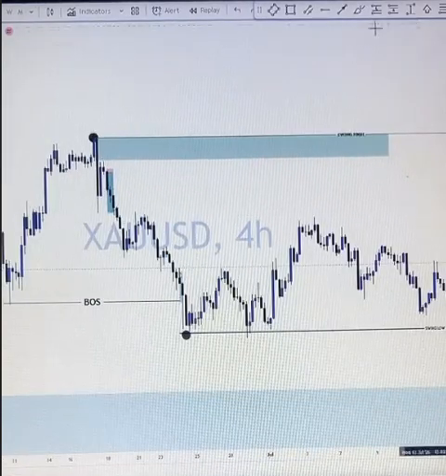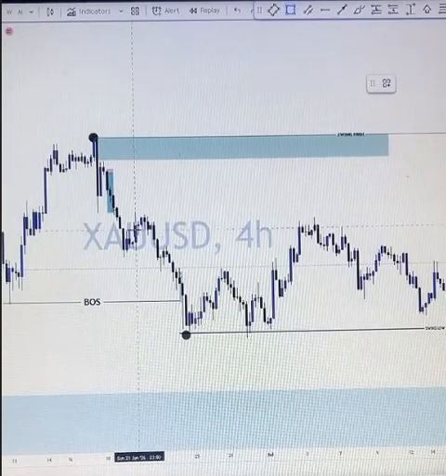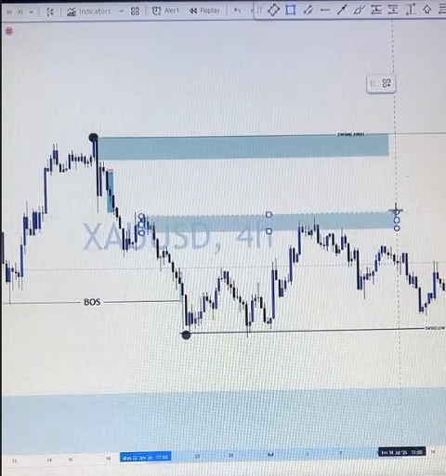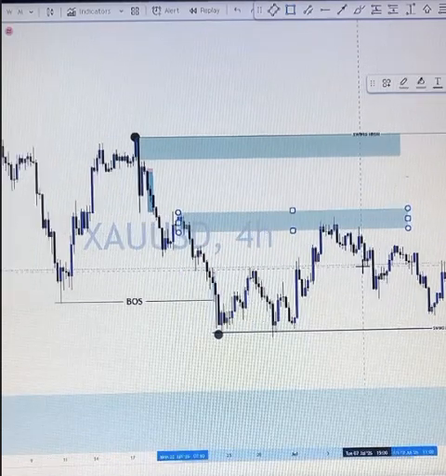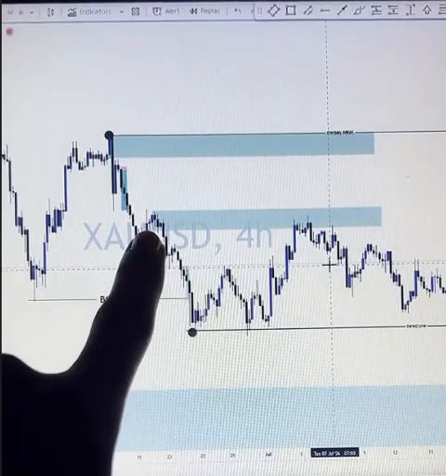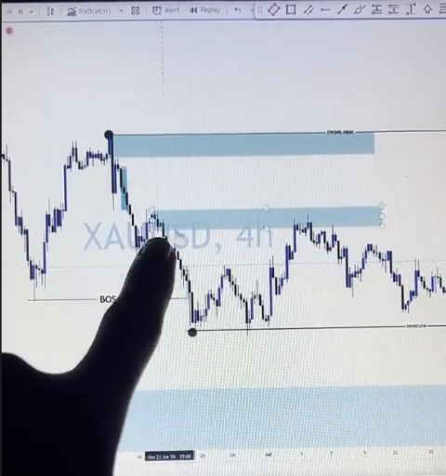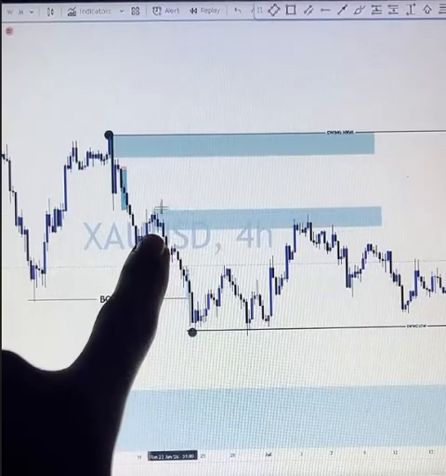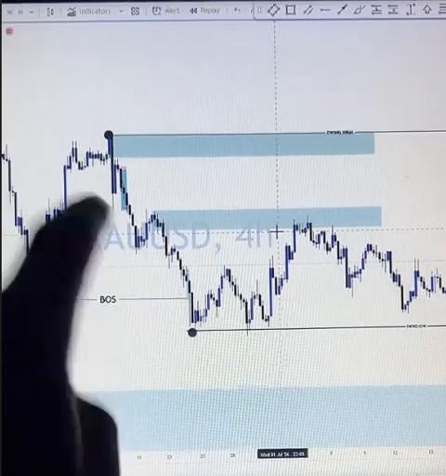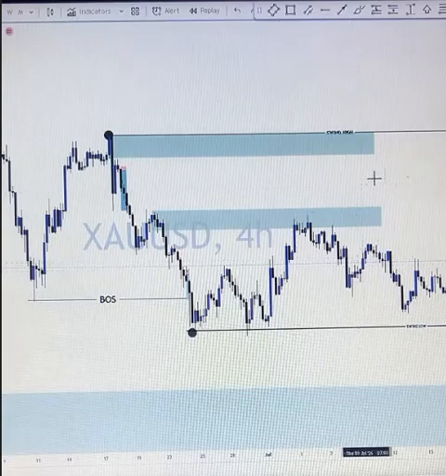Now, after that, we got another order block, which is this one here. Now, this order block here, what do we call it? This order block is another key level. What do we call it? Thank you, flip zone. Now, why do we call it flip zone?